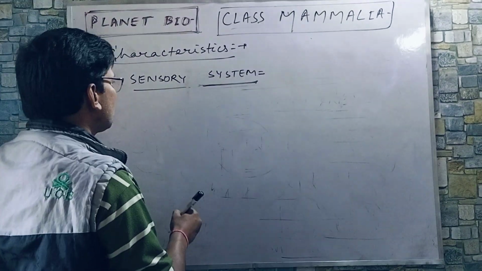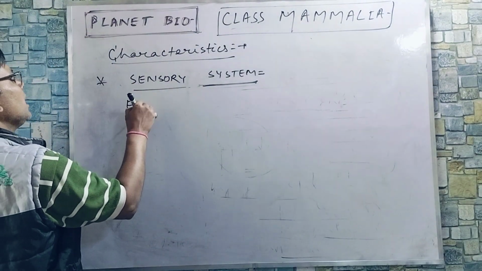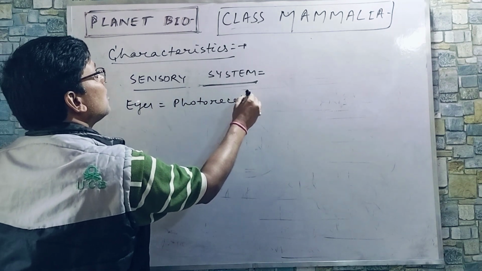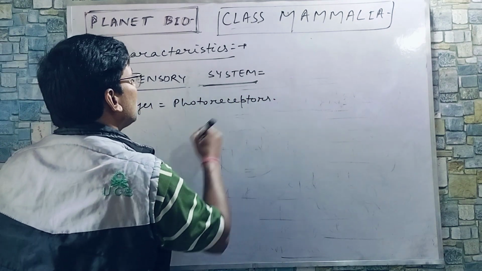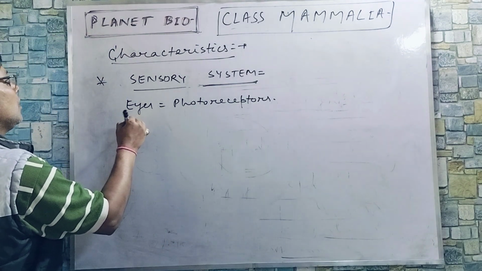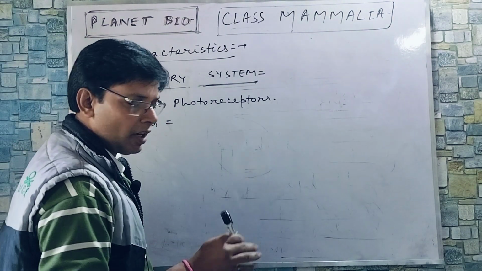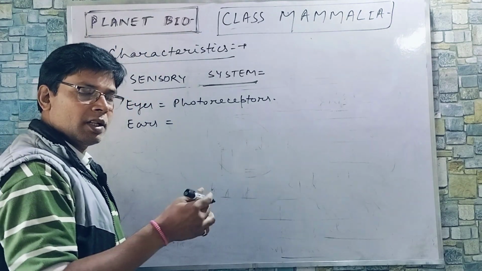Sensory system. Eyes are present as photoreceptors. Okay. Ears are divided into three parts: external ear, middle ear, internal ear.